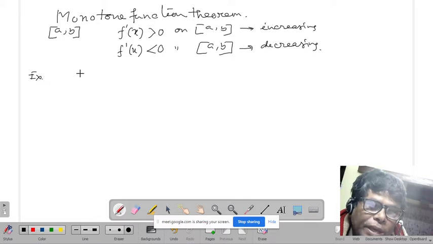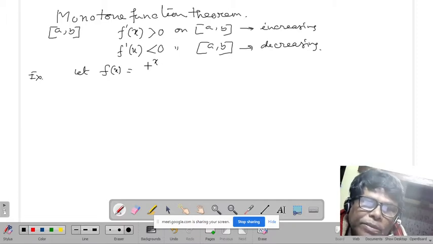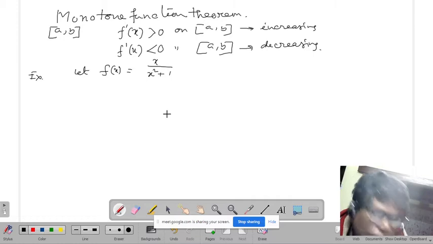Let f x be equal to x by x square plus 1. As usual, calculate f dash x. How much is it?